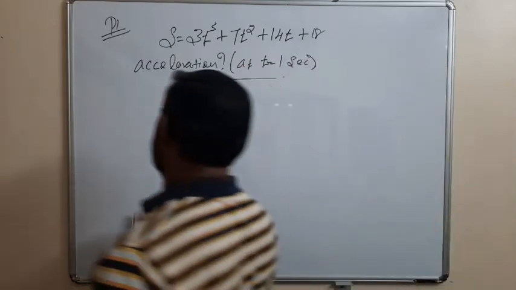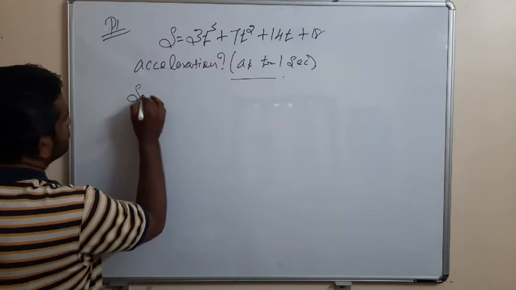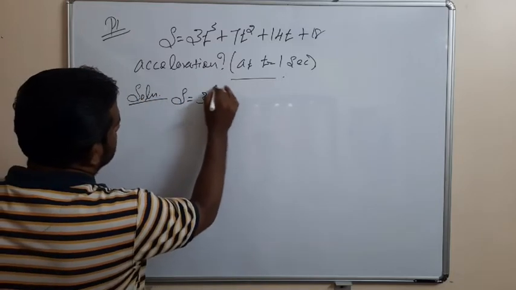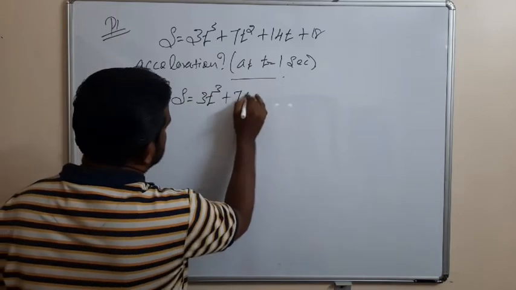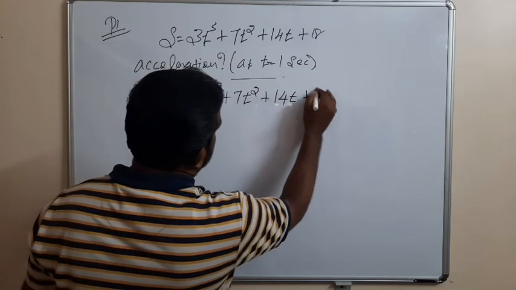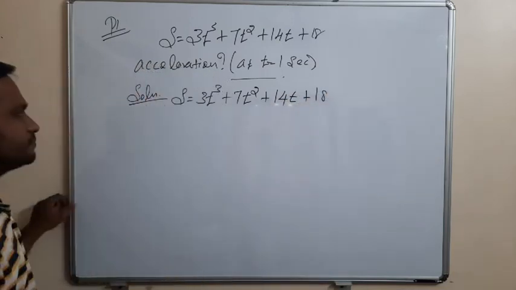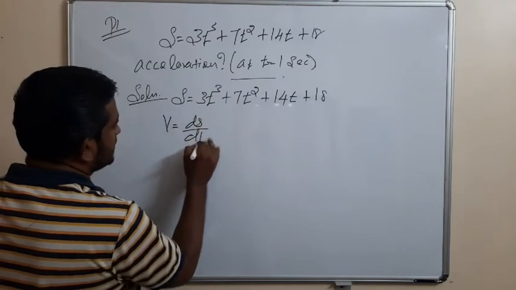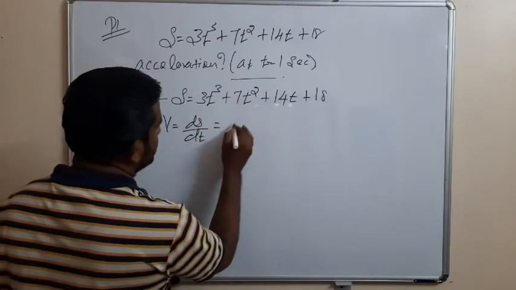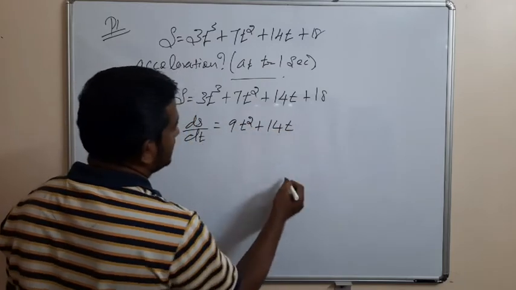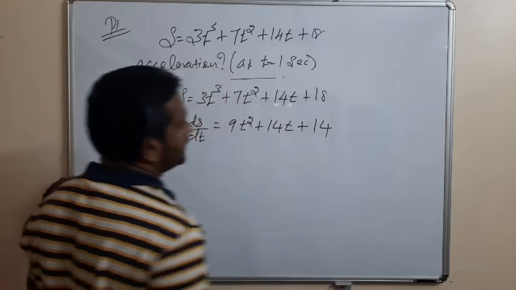Solution. S is equal to 3t cube plus 7t square plus 14t plus 18. Velocity is equal to the rate of change of displacement, ds by dt, so that is equal to 9t square plus 14t plus 14.